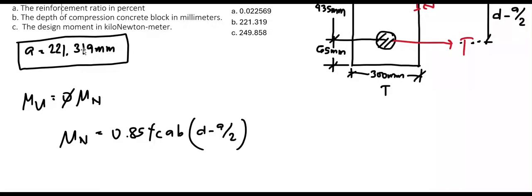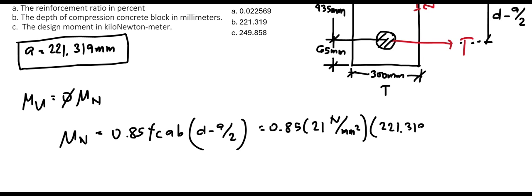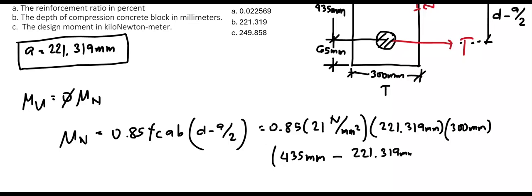So plugging in the known values, we have 0.85 times Fc prime of 21 Newton per millimeter squared times A of 221.319 millimeters times base of 300 millimeters times d of 435 millimeters minus A, that is equal to 221.319 millimeters over 2.